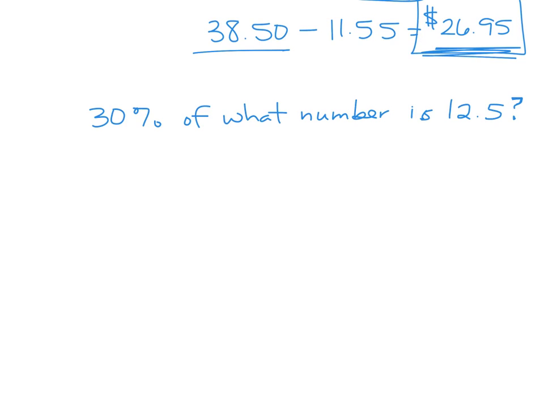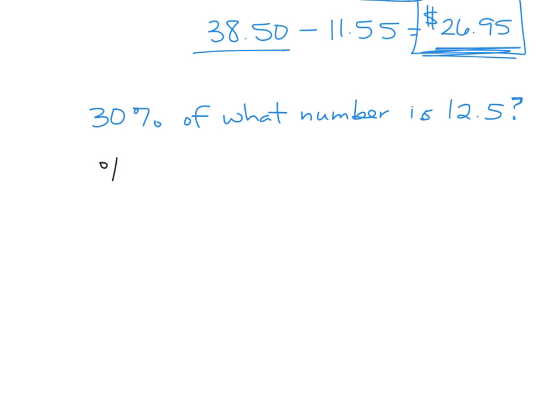I took my 0.0625 and I multiplied by 100. Is that what you're saying? I was asking, do you do the same thing if you were doing it for the first one? When you do percent over 100 equals is over of, you don't do that. Okay. Yeah, okay, so this one, 30% of what number is 12.5?